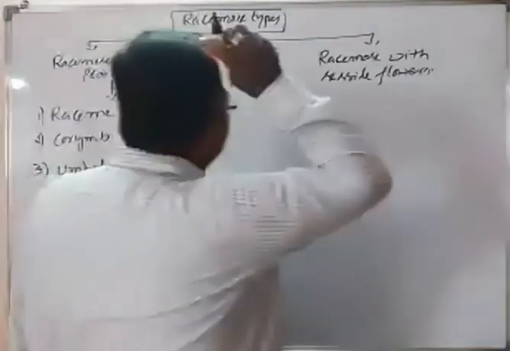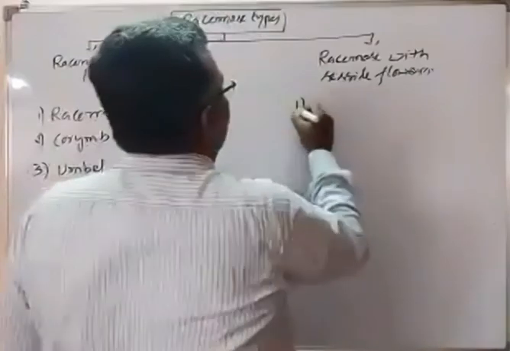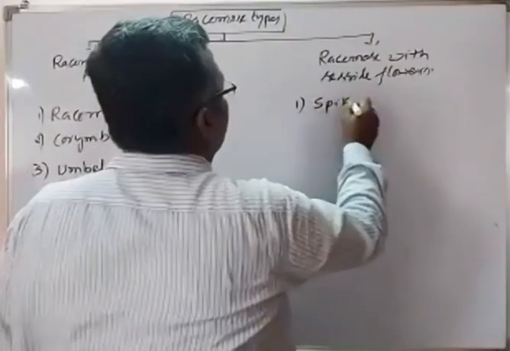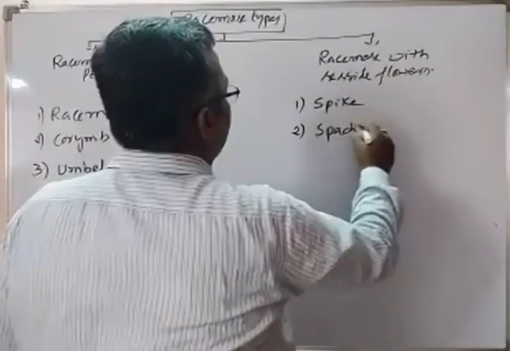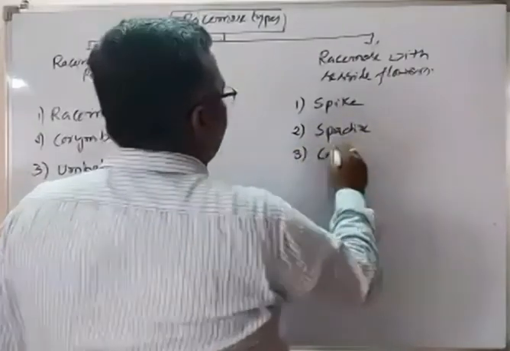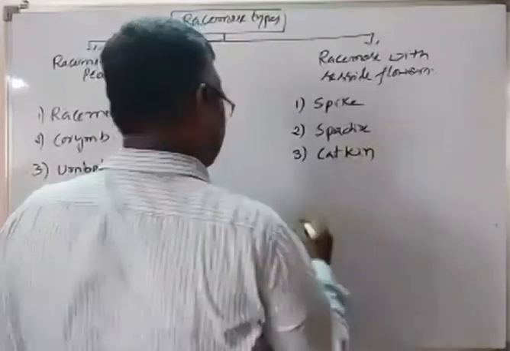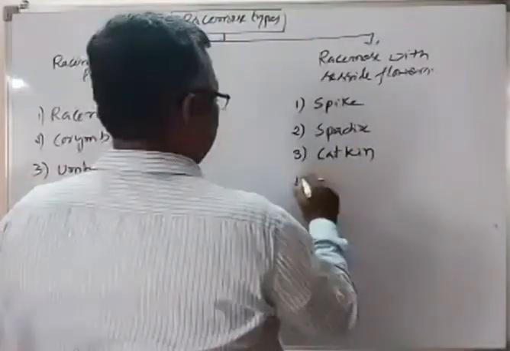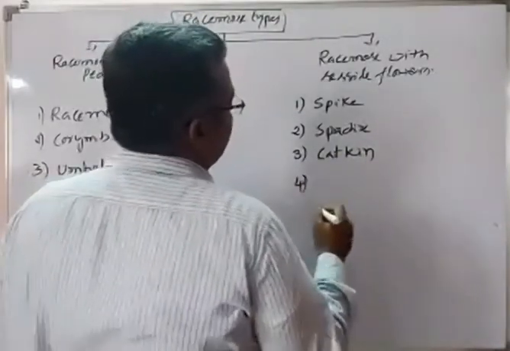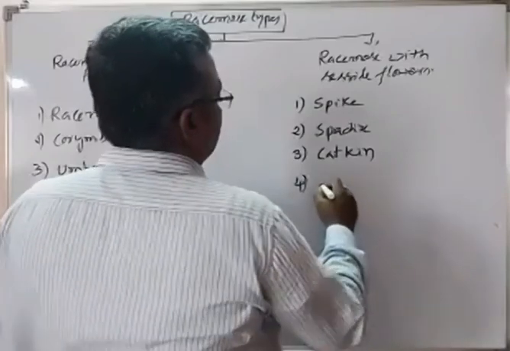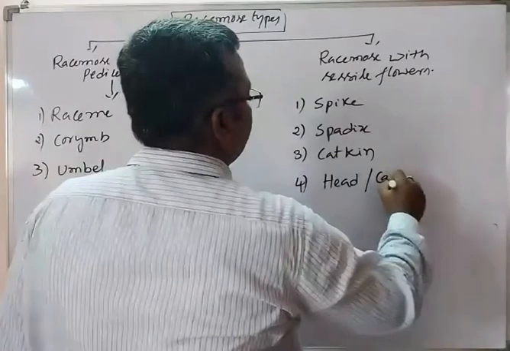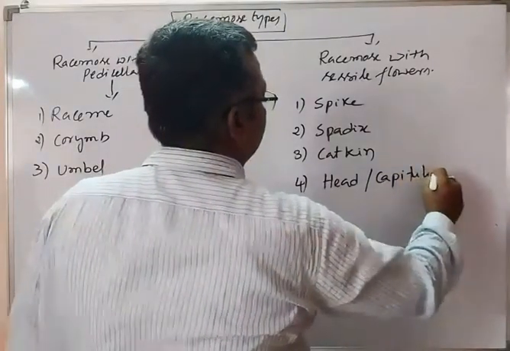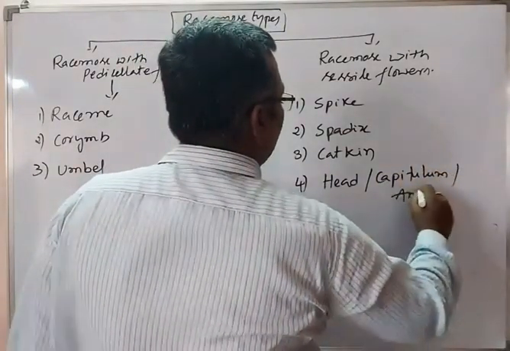Under racemose with sessile flowers, we have different types: spike, spadix, catkin. Then we also have types like head or capitulum or anthodium.